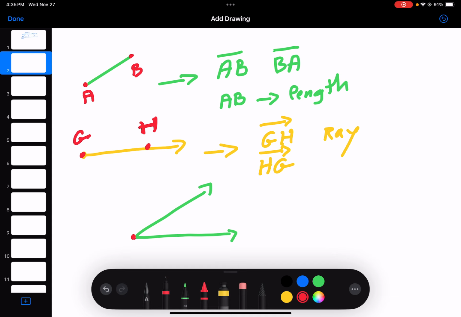So we have point A, point B, and C. And the vertex is what? The vertex is the intersection. So that's A. And we simply write vertex A. Let me make some space here.